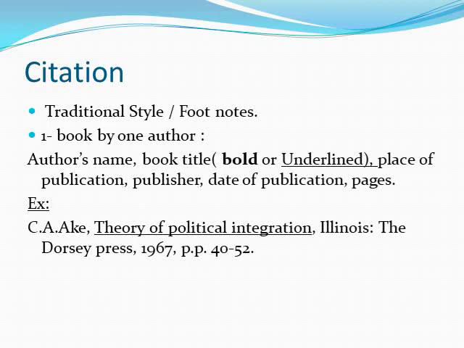This is the author's name. And the book title is Theory of Political Integration, which is underlined. After that, I'll use the place of publication. The Dorsey Press, this is the publisher. So after that, 1967, this is the date of publication, page 4252, and full stop. So this is a citation of a book by just one author.